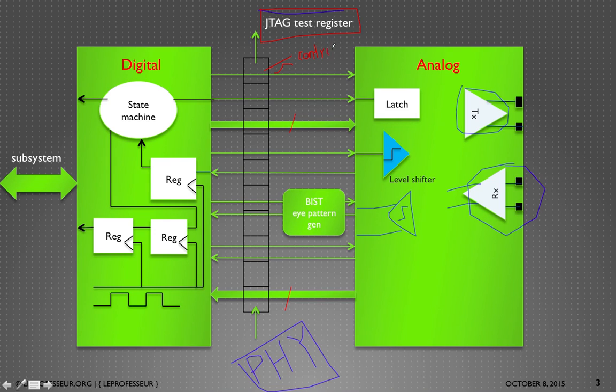In a typical chip you have multiple of those JTAG test registers. I'm just writing control signals. Those are a must to have monitored at the interface when the chip is running.